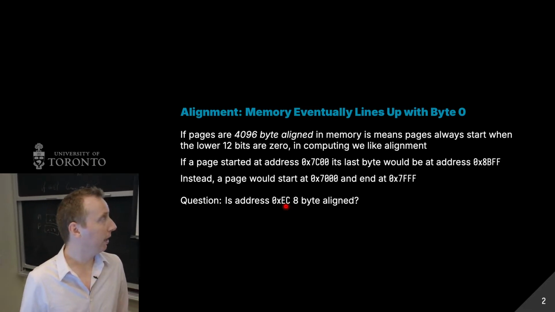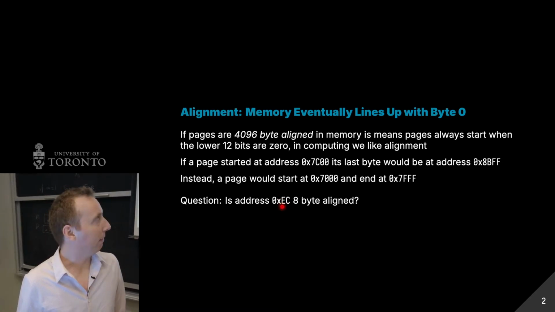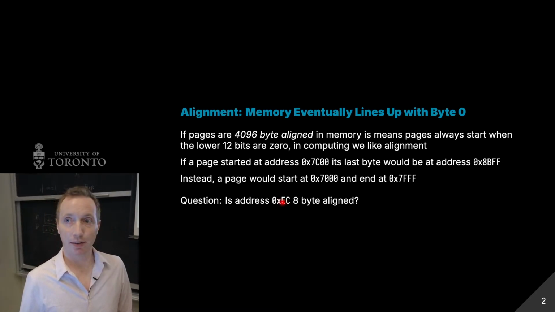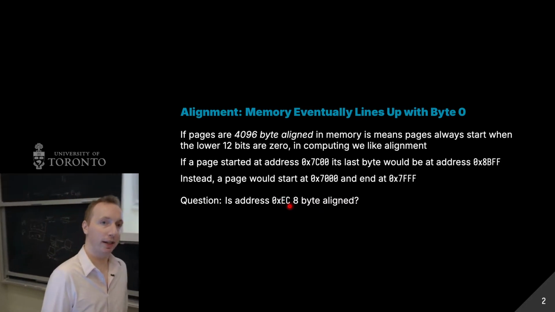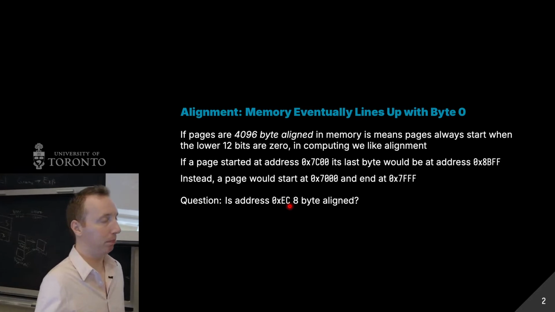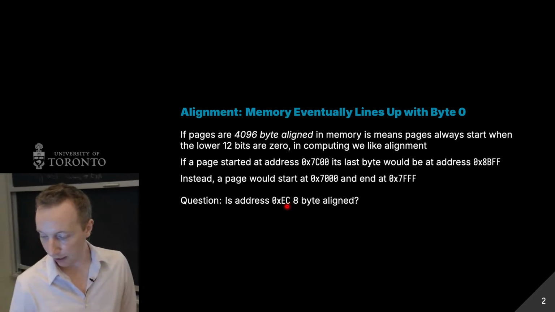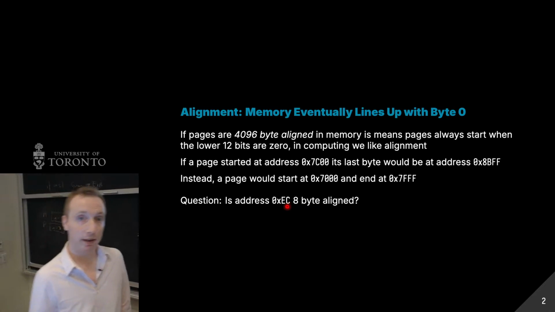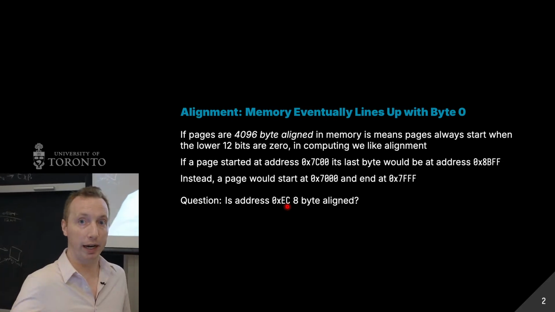Easy way to check is, since we're dealing with powers of 2, this hex digit doesn't matter. We only need to check the bottom one to see if it is a multiple of 8. Because of powers of 2, we don't have to check the rest of them. So the addresses that are 8-byte aligned, really easy to check. They'll either end with a 0 or an 8.